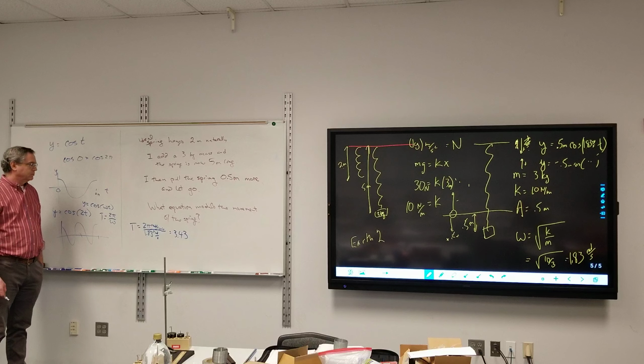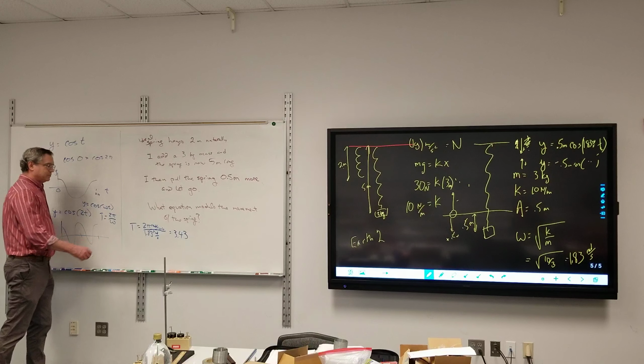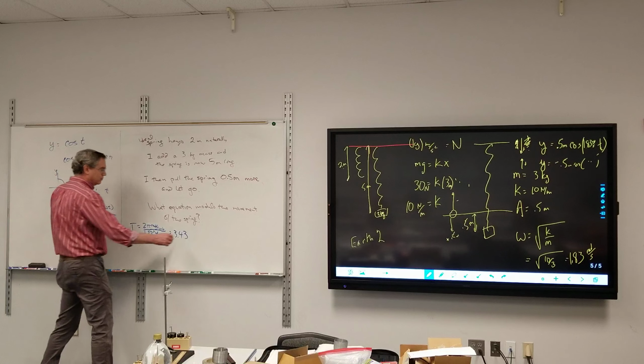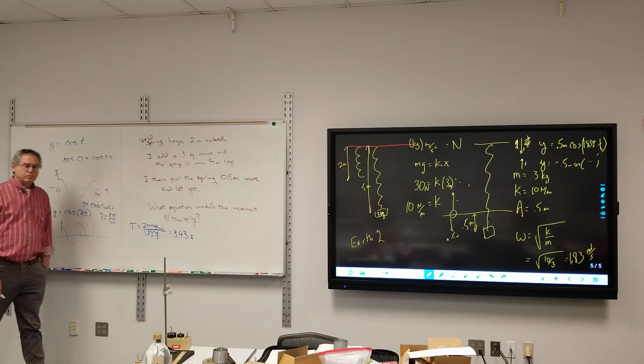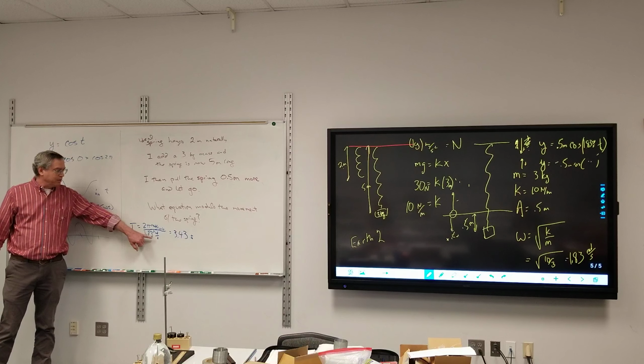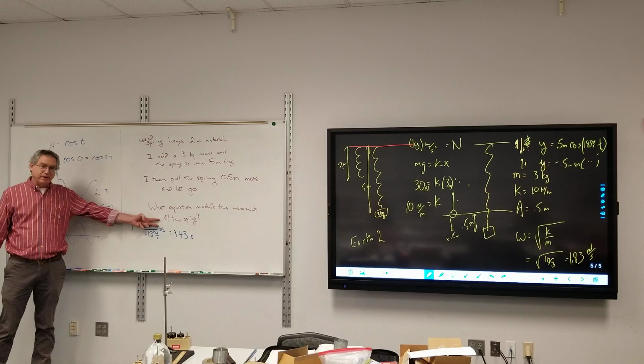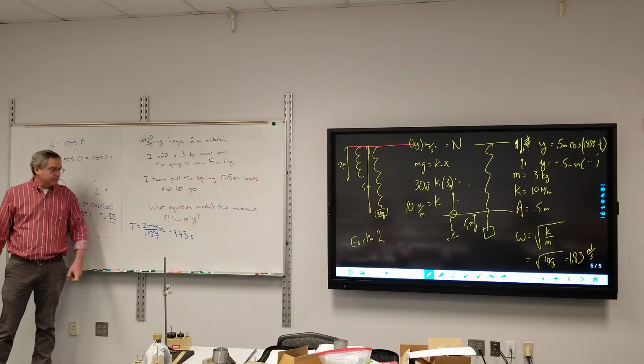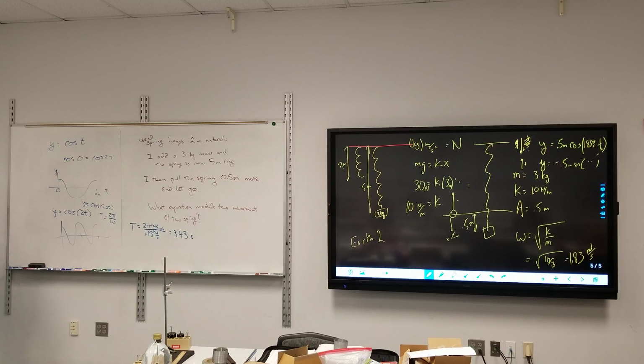You're dividing by radians on both sides, so radians go away. Dividing by a fraction means you multiply by the reciprocal, so you have seconds on top. Seconds per cycle, or just seconds.